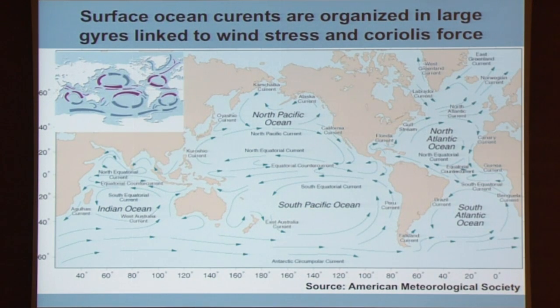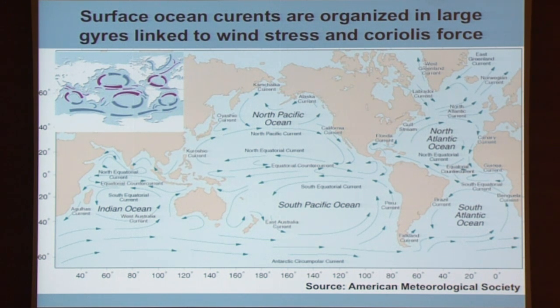So the convection is not happening in a very simple case as in the boiling pot, it is more complicated, and at the surface, most of the heat transport is linked, in fact, to currents, and this is just a summary graph that is showing the main ocean currents.